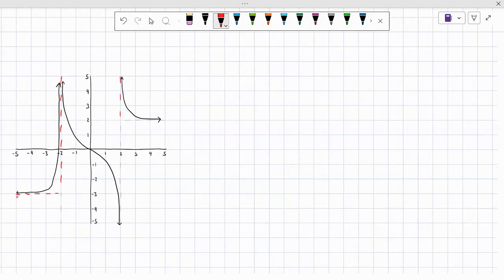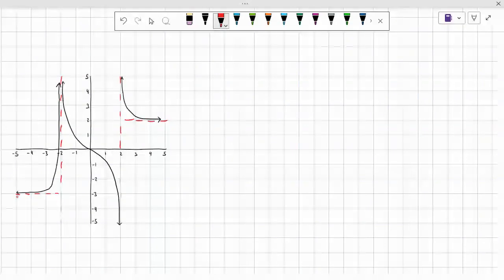Here you have some vertical asymptotes, and here's another horizontal asymptote. We went over horizontal and vertical asymptotes a little bit on Monday. I'm going to go over them a little more today, assuming I have the time to get to that part.